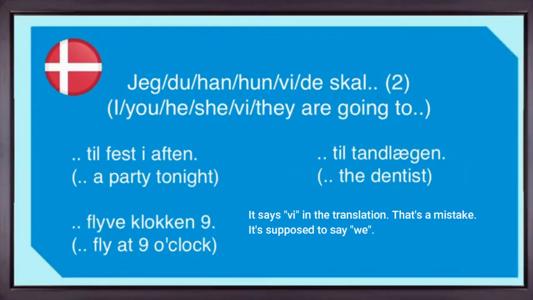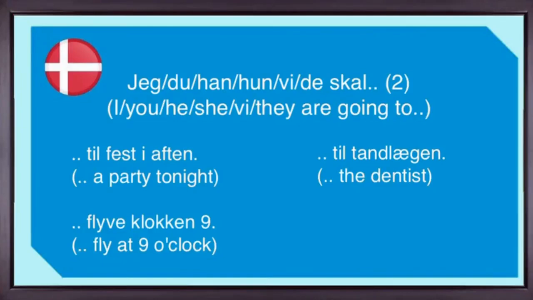Alright, this is also skal, but this is like you're going to a place or going to do something. Skal. Oh, there's a little mistake in the translation there. It says vi. Of course, that is also supposed to be we. So, try to remember that. Til fest i aften. A party tonight, or to a party tonight.